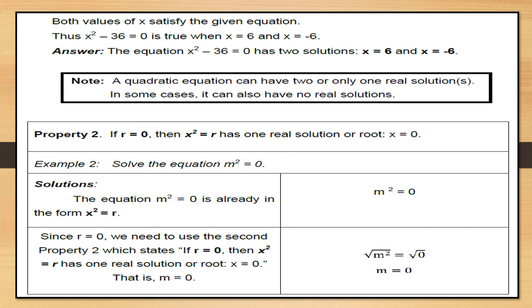Since r equals 0, we need to use the second property, which states that if r equals 0, then x squared equals r has one real solution or root, x equals 0. That is, m equals 0. The square root of m squared equals the square root of 0, then m equals 0.